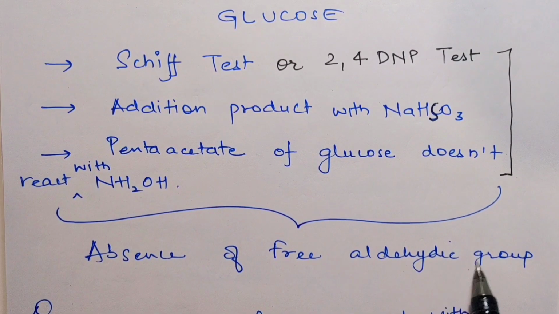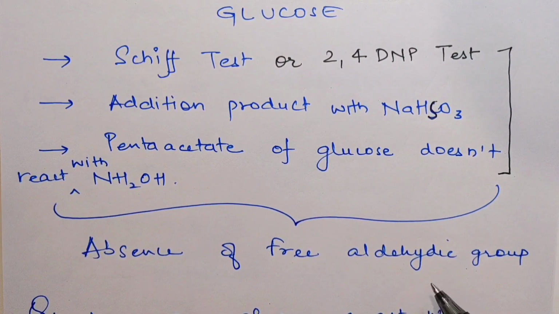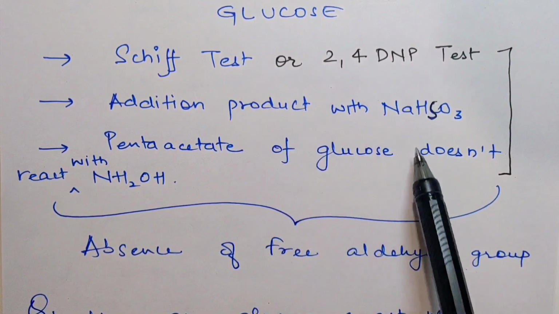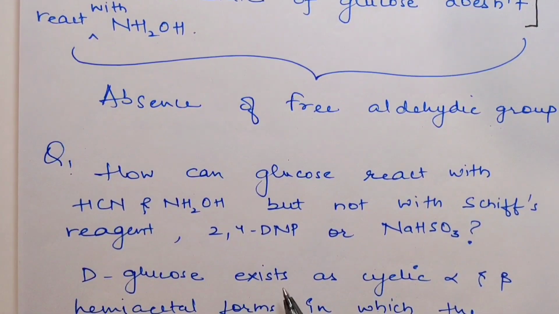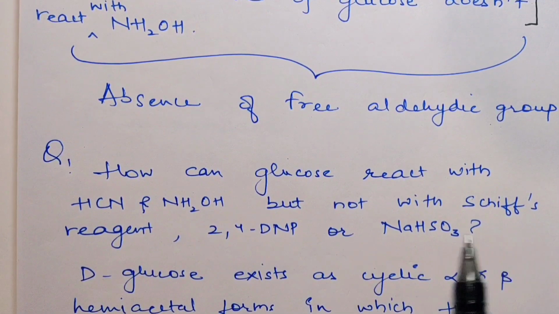That means that aldehydic group is bound somewhere, involved in some sort of linkage. That is why it's not free to react with these reagents. But how can glucose react with HCN and hydroxylamine but not react with Schiff's reagent, 2,4-DNP and sodium bisulfite?